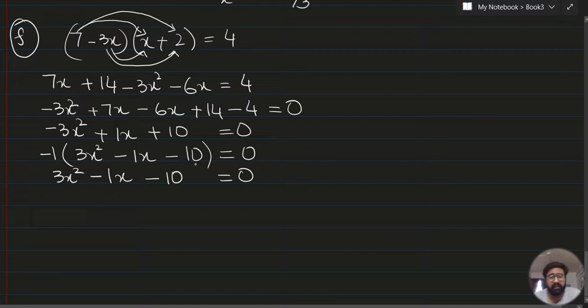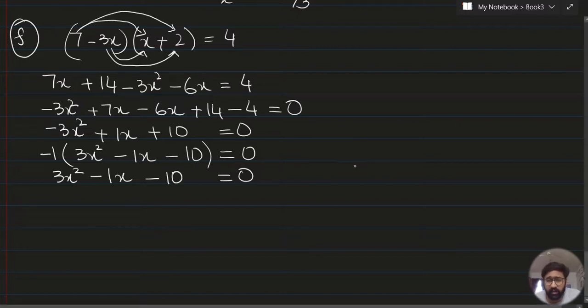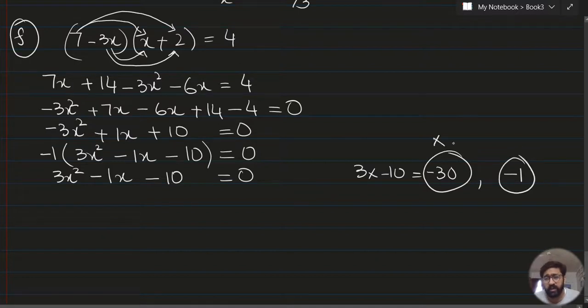Now again prime factorization, 3 is going to multiply with minus 10, and if we multiply 3 with minus 10, it is going to give us minus 30. So we need to find such two numbers which when we multiply give us minus 30, and when we add or subtract the two numbers, give us negative 1. So let's figure that out.